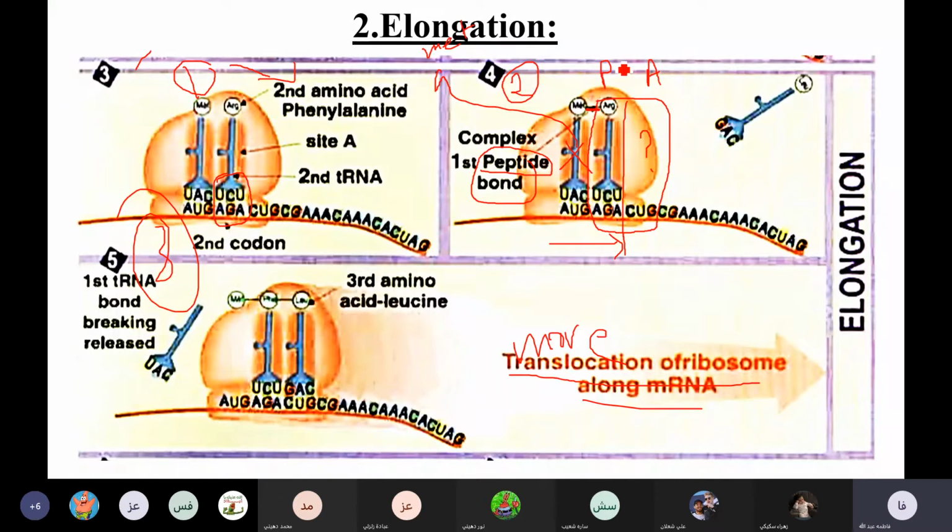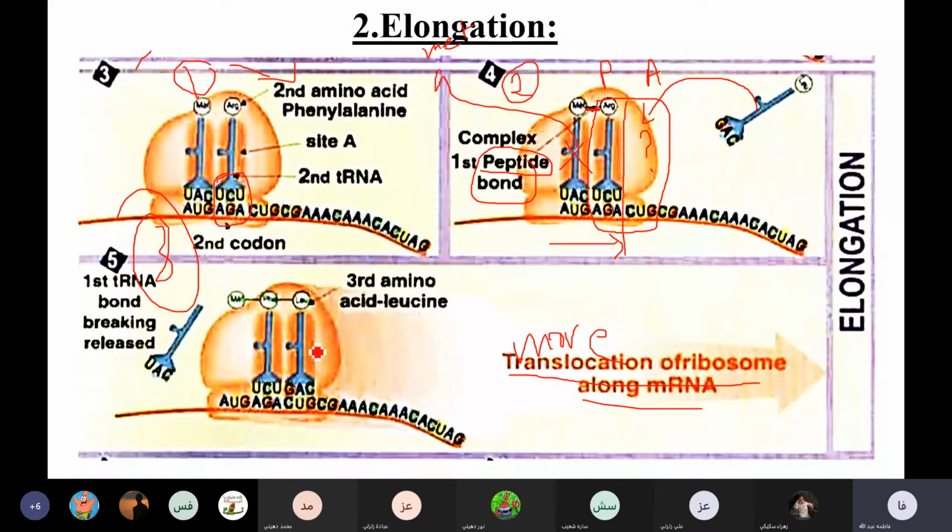I call it the P site because it has the peptide, while the A site is now empty. This is why another transfer RNA specific for CUG, with anticodon GAC, carrying leucine on its top, will come and bind here, as you can see in this figure.